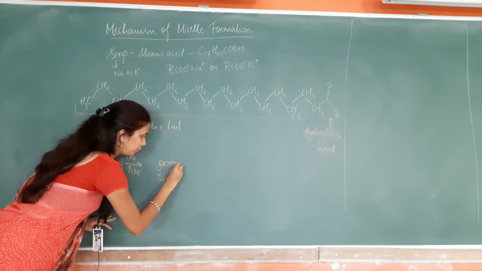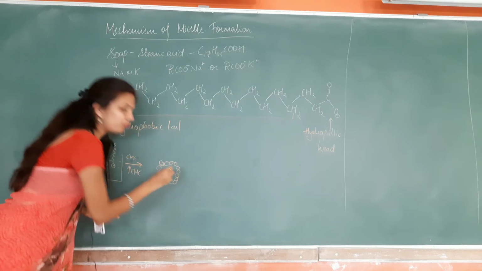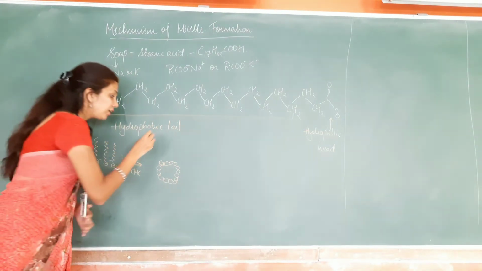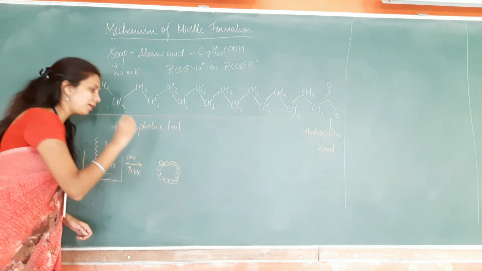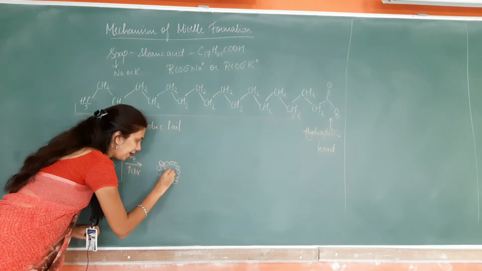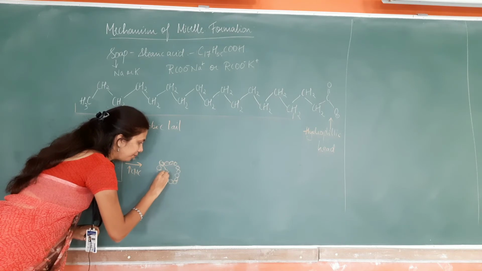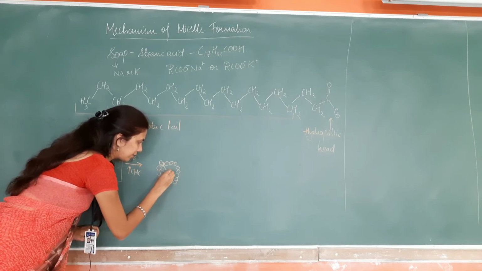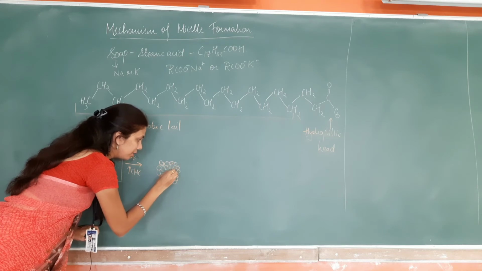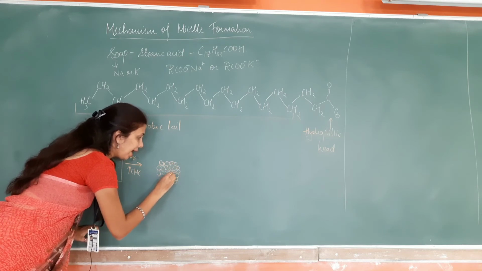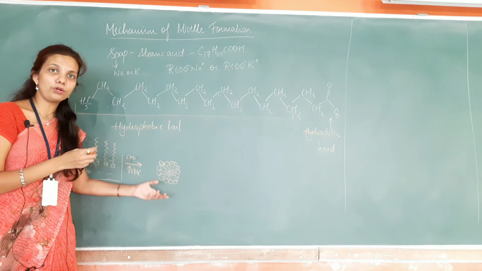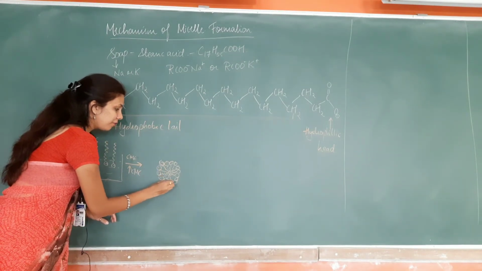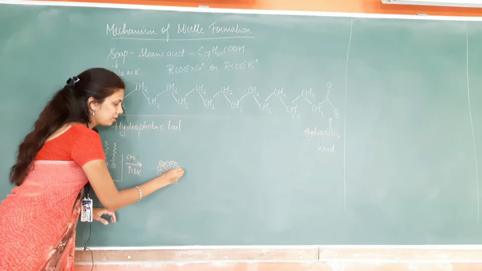They all are going to come together and form a sphere. As they form a sphere, always remember the hydrocarbon part is going to be at the center of the sphere, whereas the anions, or the hydrophilic part, are going to be at the surface of the sphere.